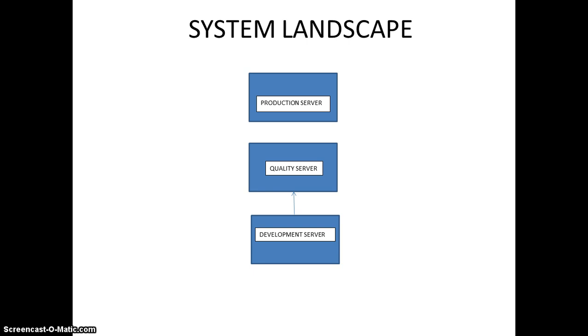We are not going to hand over access to development or quality to BMW, because if BMW does something we are not supposed to do, there will be a misunderstanding. So it's very clear: IBM is going to have complete access to development and quality, and BMW, the client, is going to have access to the production server.